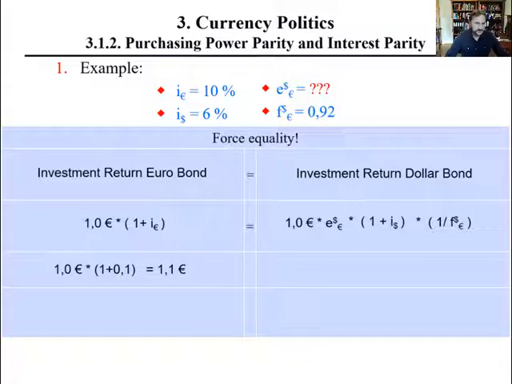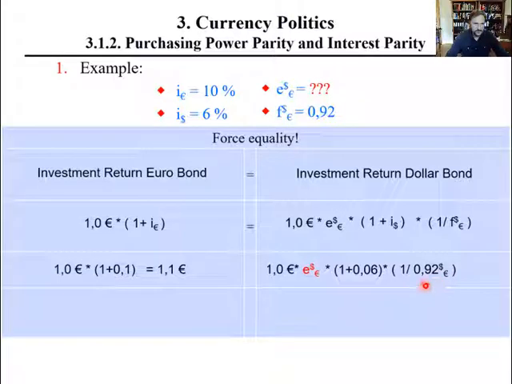If we fill in the numbers now, we have of course the spot market exchange rate as an unknown variable. Then we must multiply this amount of dollar with the dollar interest factor, then divide the dollar return over the forward exchange rate.